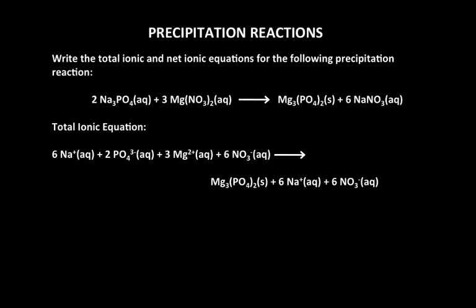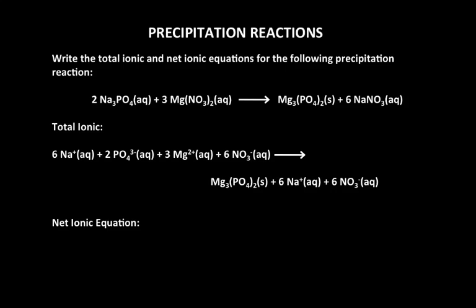And then to write the net ionic equation, the first thing we want to do is determine which ions are spectator ions. And the spectator ions are just those ions that seem to have gone through the chemical reaction without participating in any way. That is, they have gone unchanged in going through this reaction.